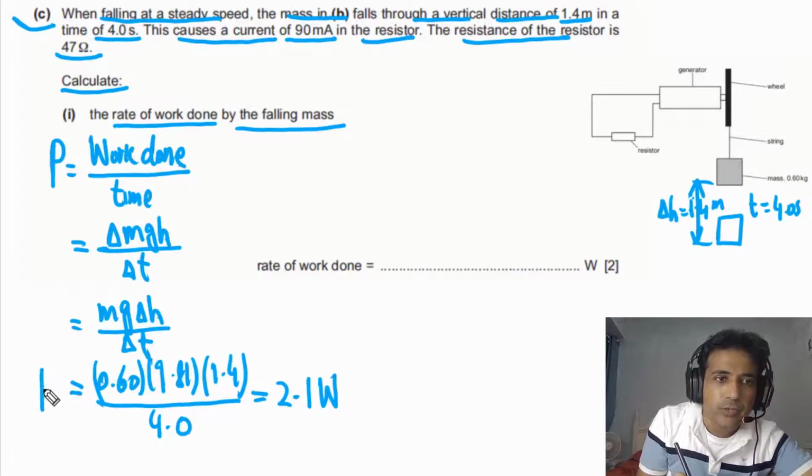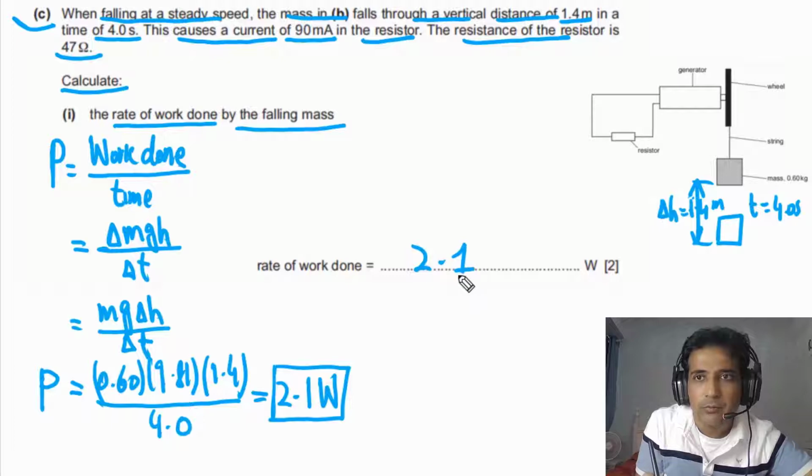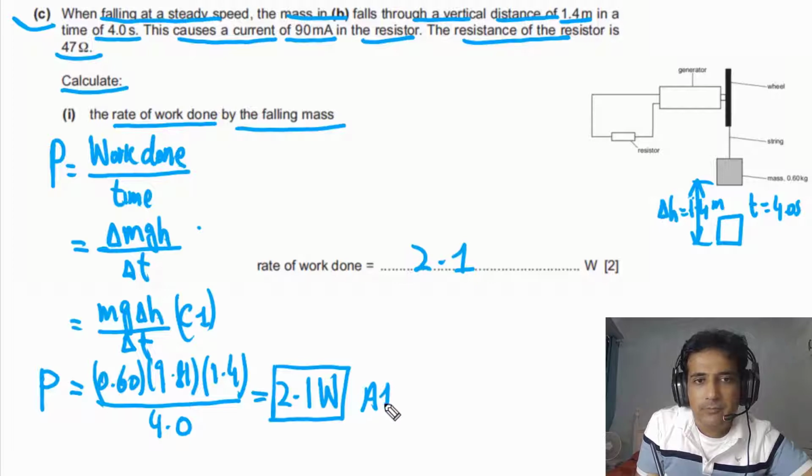So this is the rate of work done by the falling mass, and this is our final answer. This question has 2 marks. The first mark you will get if you have written power is equal to work done over time, or if you have written mg delta h over delta t, and this is the C mark. And the second mark is the answer mark. If you have got the right answer, you will get the second mark.